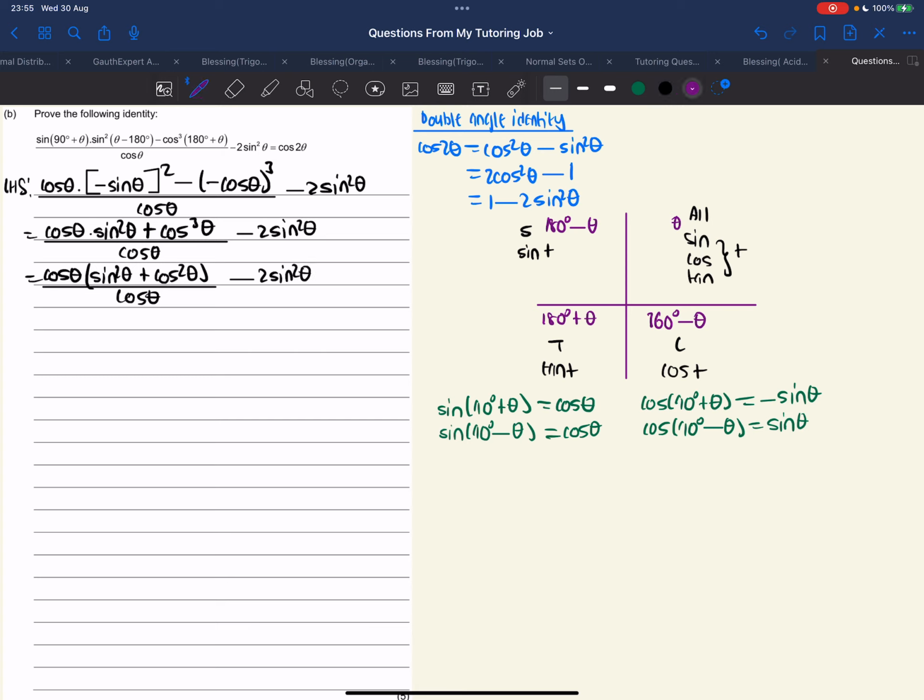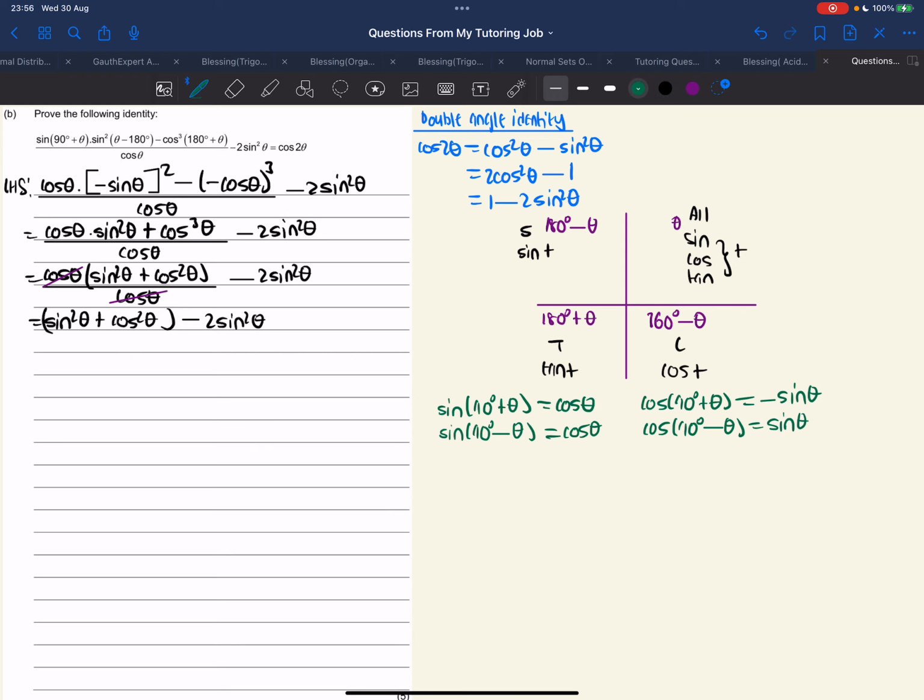Now can you see that those ones are going to actually cancel out? Then we're going to be left with sine squared theta plus cos squared theta. Remember, I put that in a bracket, then it's going to be minus 2 sine squared theta.